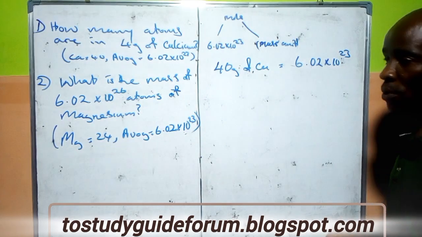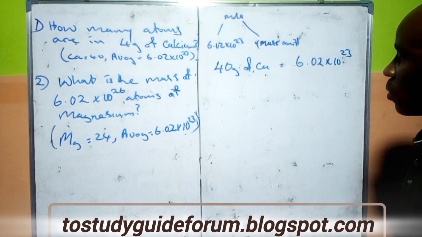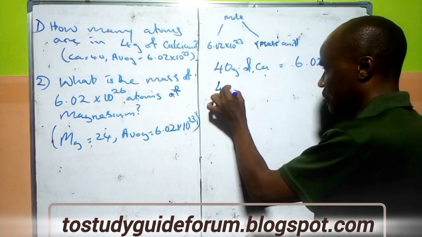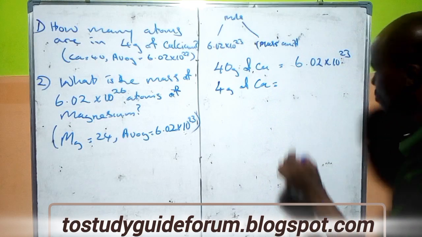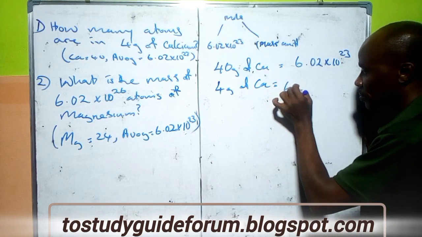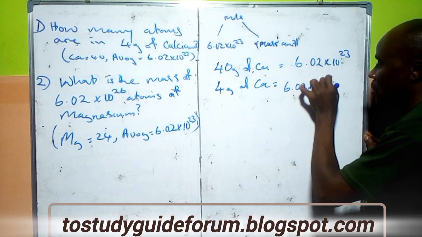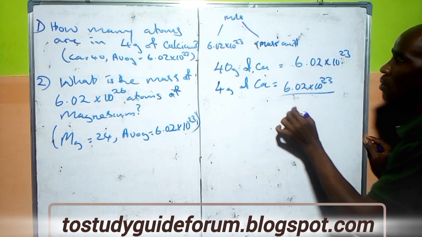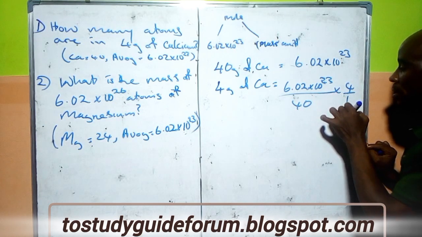That is a statement of fact. So what will these 4 grams be? Then what we do now is 6.02 times 10 raised to the power 23 all over 40 times 4 over 1.